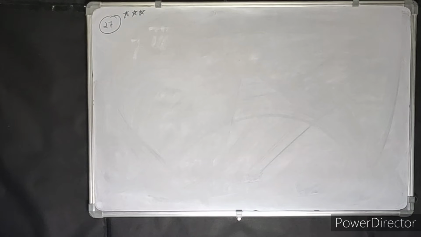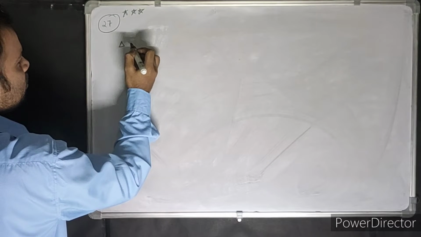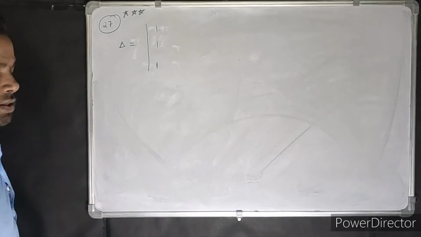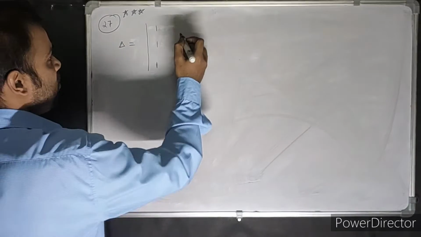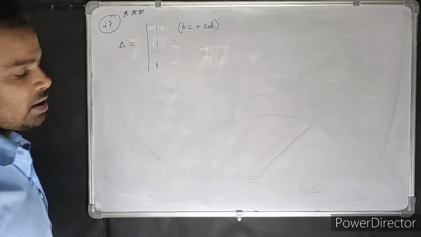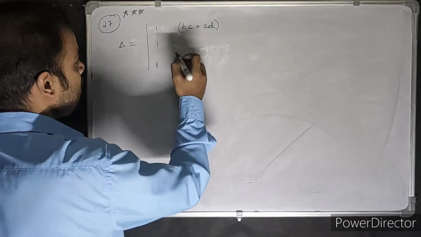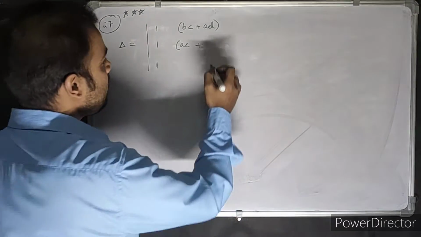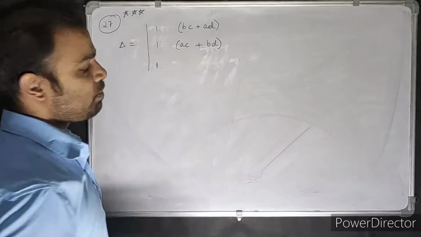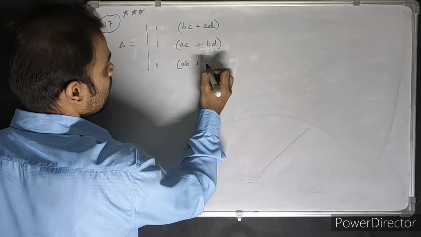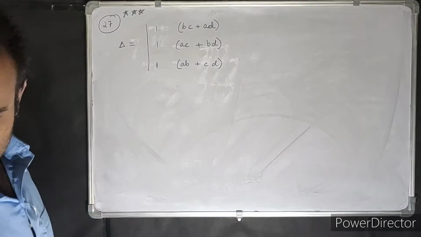It looks very easy, but there is actually a lot of calculation. Okay, solving this determinant is very easy. But because there is a lot of calculation, that's why I am marking this as important. BC plus AD, then AC plus BD, then AB plus CD.